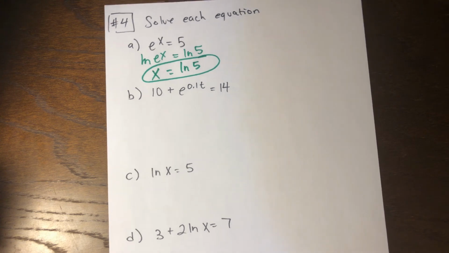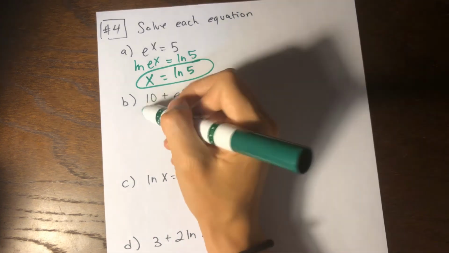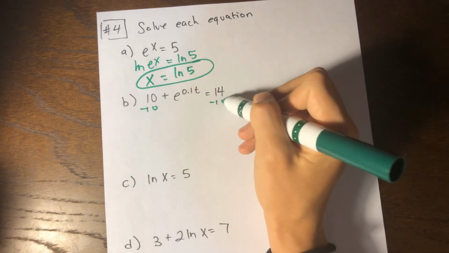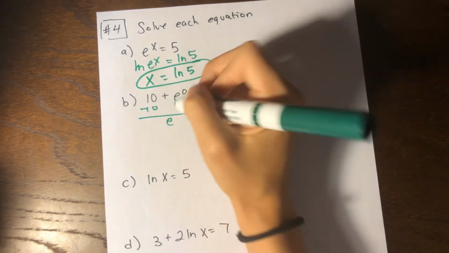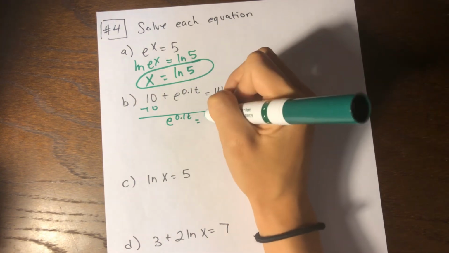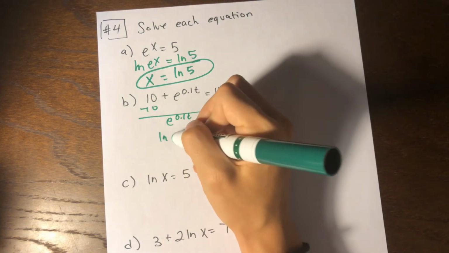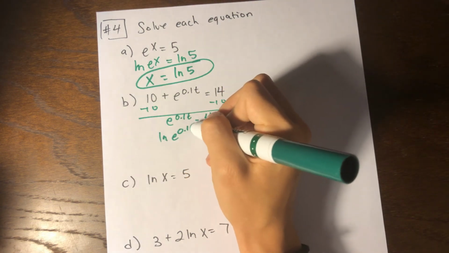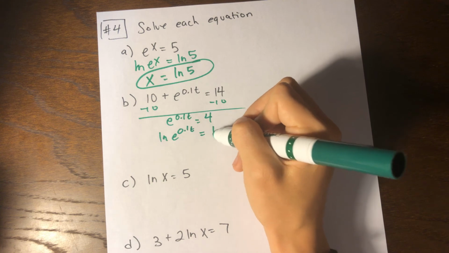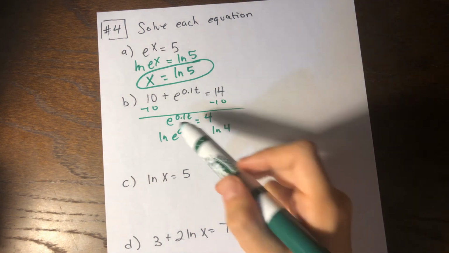This next one, I want to get e by itself, so I'm going to subtract 10. So I get e to the 0.1 t power is equal to 4. We're going to take the natural log of both sides. I don't just have e to the x.